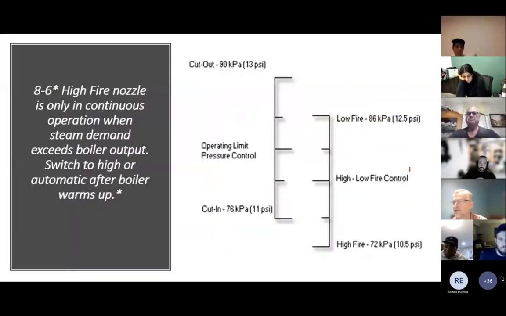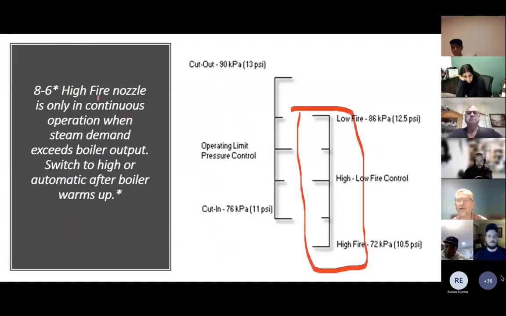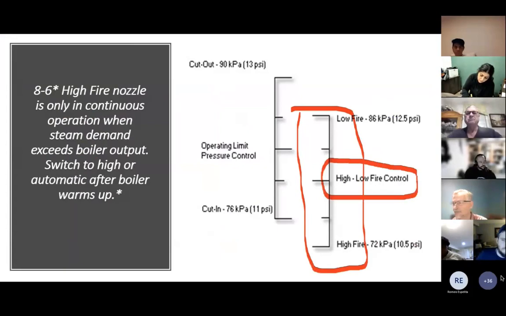Two controllers, and this just shows the relative settings on a particular boiler. High fire nozzle is in continuous operation when steam demand is greater than the boiler can keep up with. So you would switch the control to automatic after the boiler warms up.